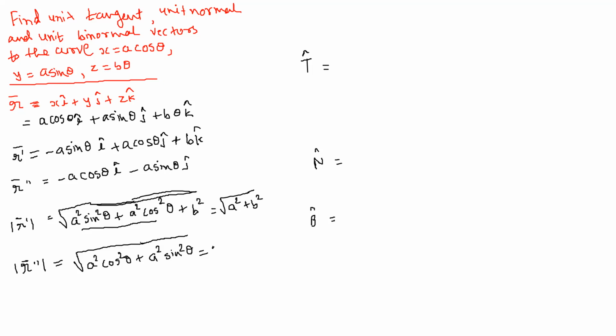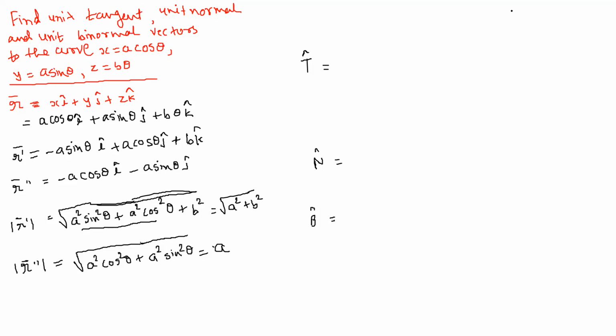It's not A square plus A square. It's A square cos square plus A square sin square. Sorry, A only. Yes. Now correct. That will be A. Wonderful.